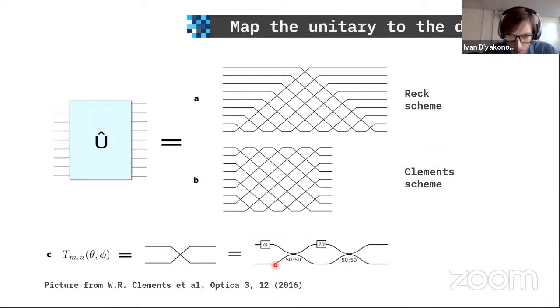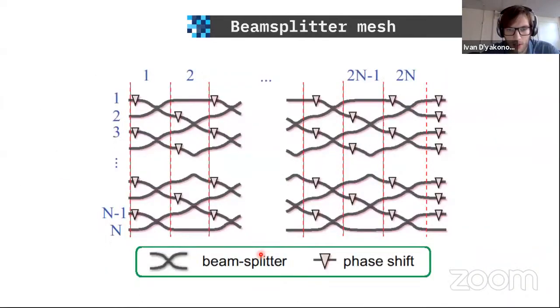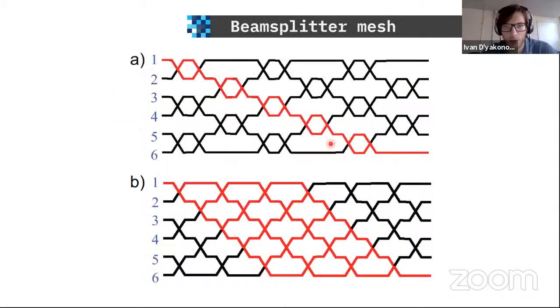Here we have the Mach-Zehnder interferometers with the defined positions of these phase shifters, whereas in this geometry we simply have the phase shifters distributed between the beam splitters, not the interferometers.